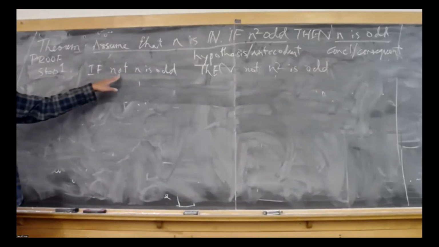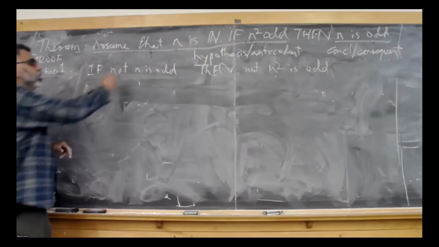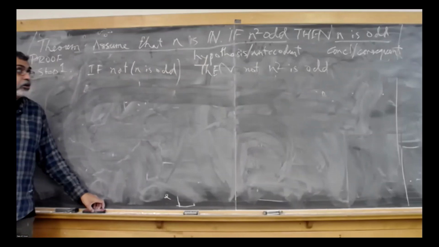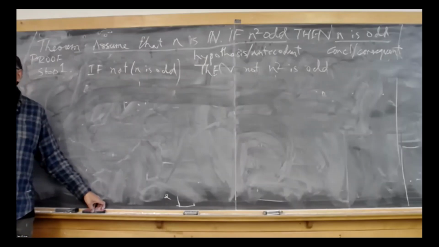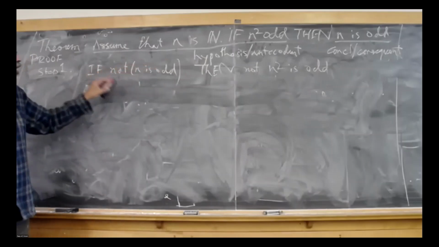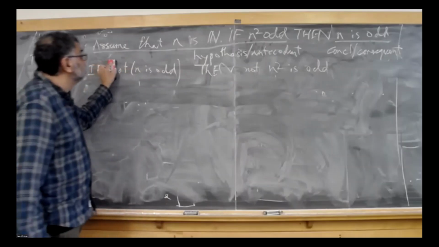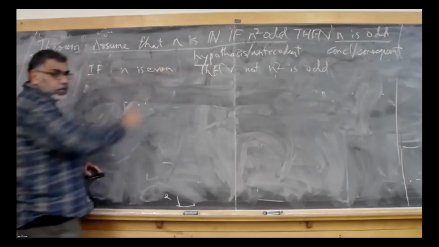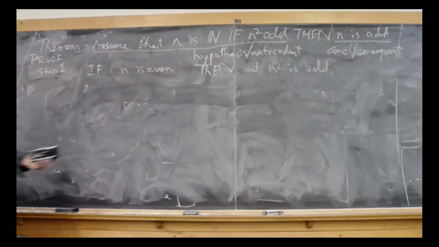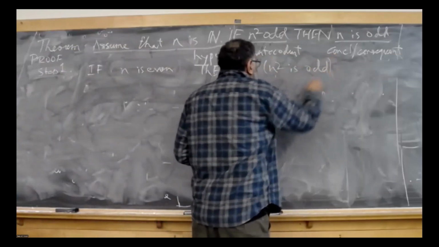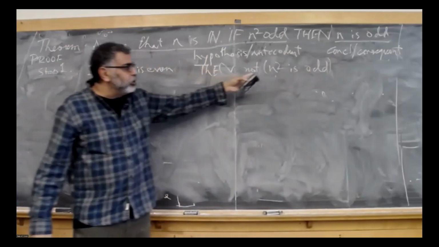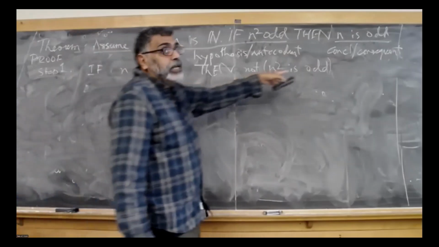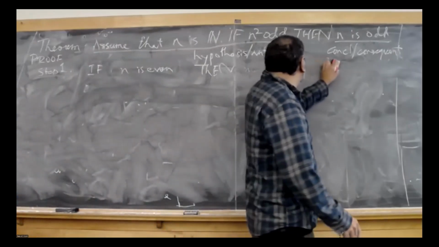So what's the opposite of not n is odd? If n is not odd, it is going to be even. So I'm going to replace this with n is even. And then this operator not is applied to n squared is odd. The opposite of that would be n squared is even. So I'm going to put that there.